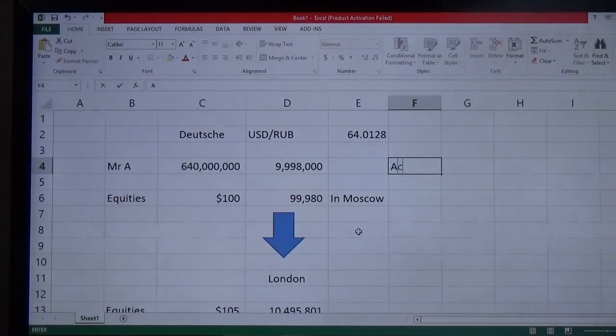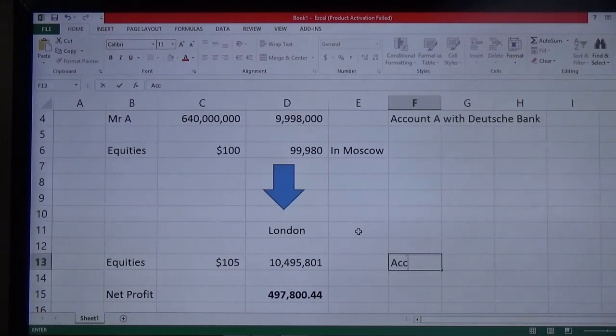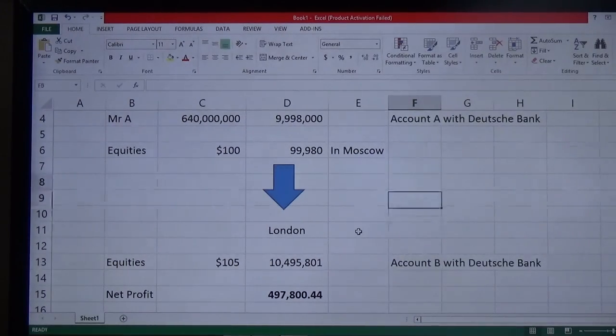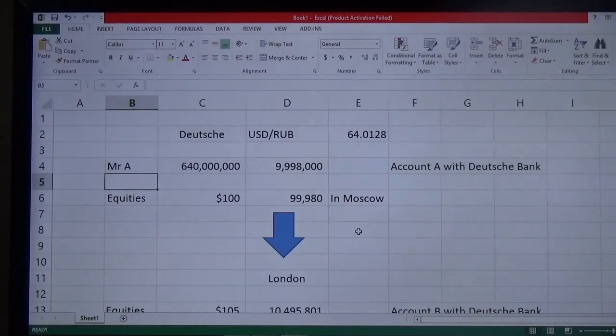Suppose I refer to this as account A, and let me elaborate in detail, account A with Deutsche Bank, and this is also account B with Deutsche Bank. So you have an account A with Deutsche Bank, you have an account B with Deutsche Bank, you have both accounts here, the bank remains the same, you have one counterparty.